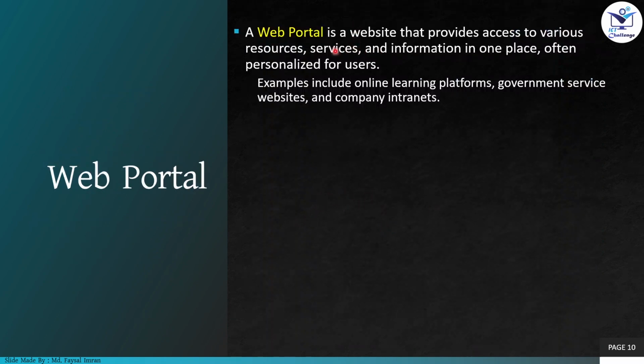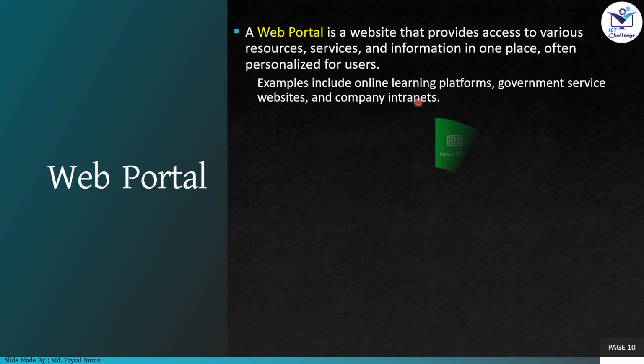So what is a web portal? A web portal is actually a collection of websites, links, and services, where a website contains many kinds of web pages, and a web page contains many kinds of files. And a web portal contains many kinds of websites, and those websites provide access to various resources, services, and information in one place.